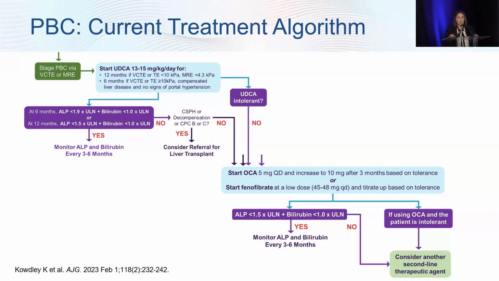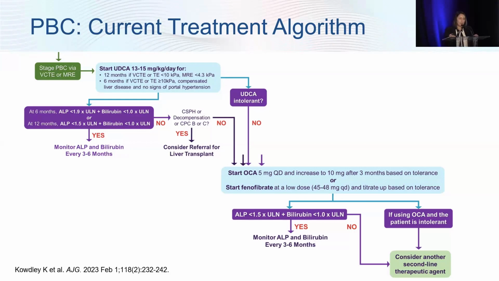And if something changes, then you might need to think about second-line therapy down the road if their alk phos were to elevate. For those that do not have a complete response to urso, which is about 40% of our patients, if they do not have clinically significant portal hypertension or decompensated cirrhosis, we have had Ocaliva or OCA around for a while, so that's a consideration. Off-label use of fenofibrate, which is a PPAR alpha agonist, is in the AASLD guidelines to be used, although it's not FDA approved for this indication.